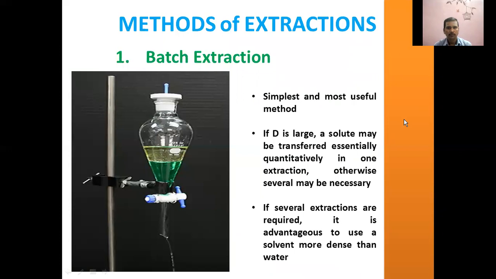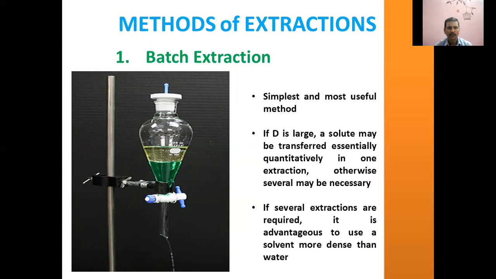You might have come across the use of a simple separating funnel in the extraction process. A separating funnel is a glass apparatus. It has a tap and a stopper also. You take the mixture which needs to be subjected to the separation process.